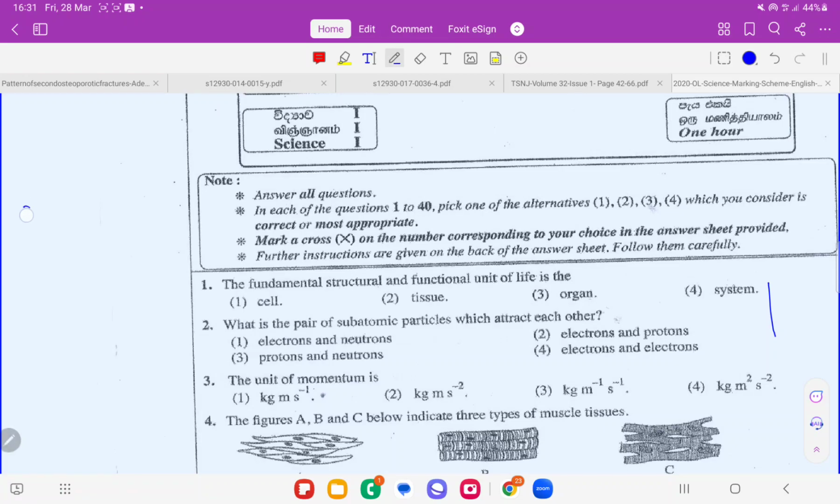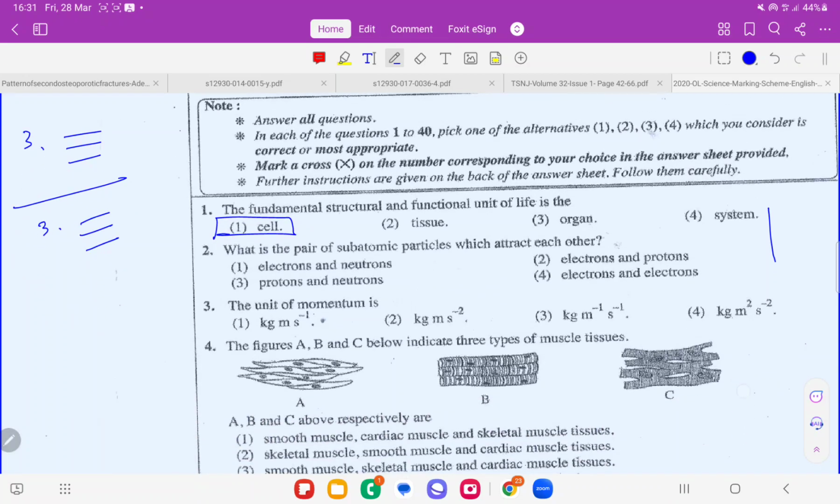I won't tell the names, but check who introduced it and what the factors or things included in that particular cell theory are. So that you have to remember. Okay, so the fundamental structural and functional unit is what? That is the cell, right? Cell is the answer.